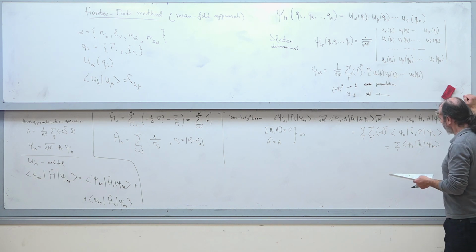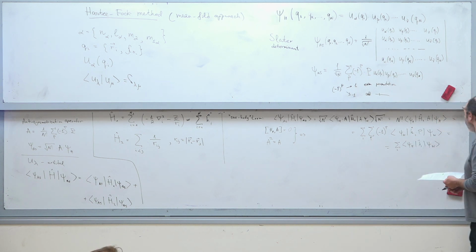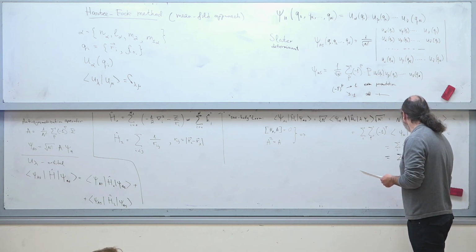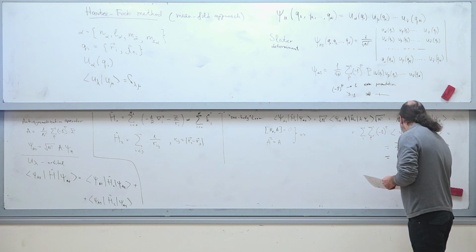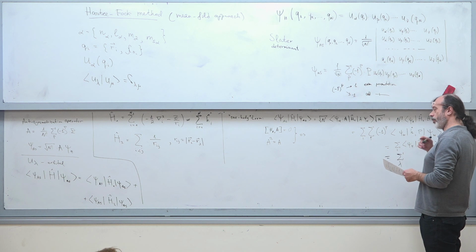But then, because of the orthogonality of all these orbitals, we can say that this is essentially the on-diagonal elements only in this story. So we can say that this goes as a sum over all these orbitals lambda.